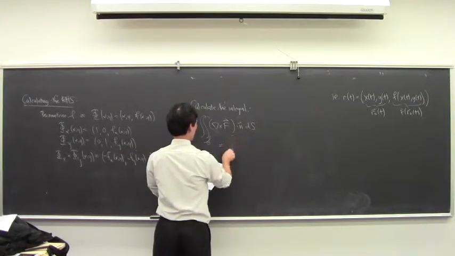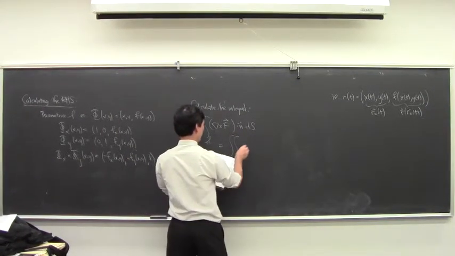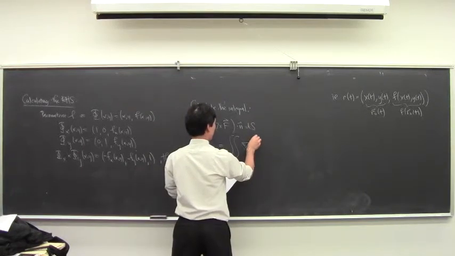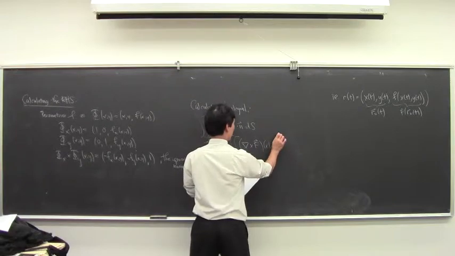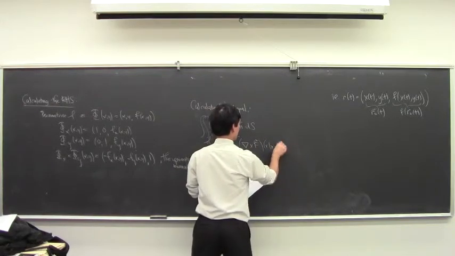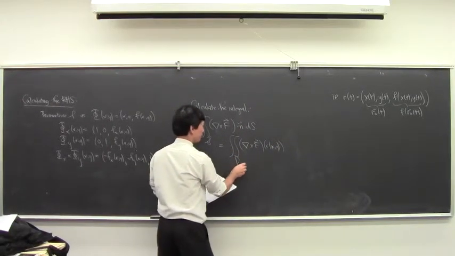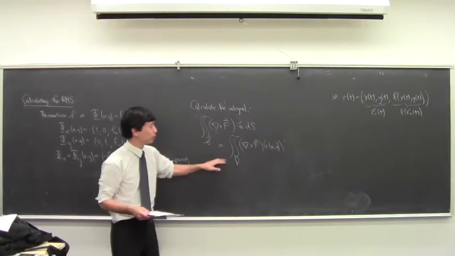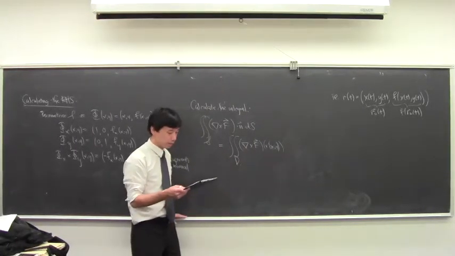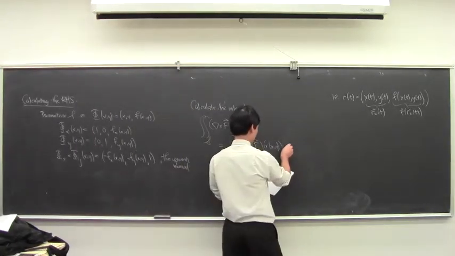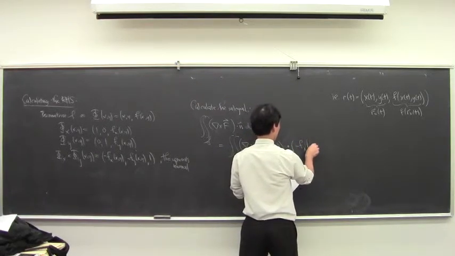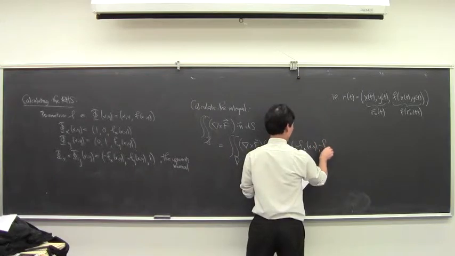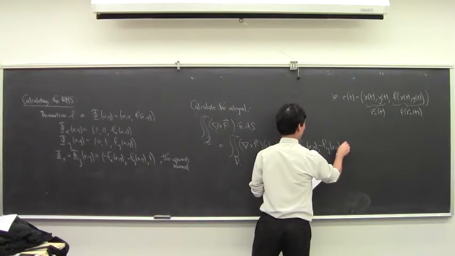Writing out the definition, you get the integral over D of the curl dotted against negative f sub x at (x, y), negative f sub y at (x, y), 1.